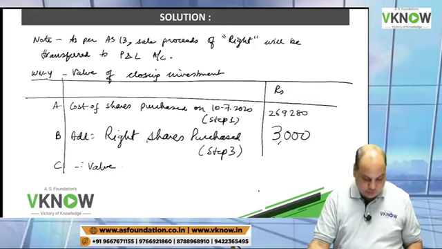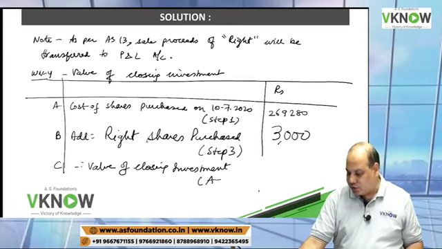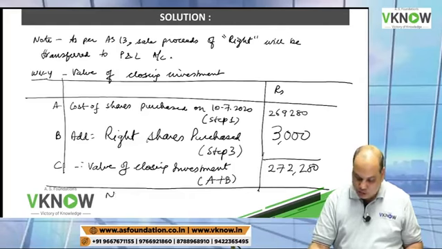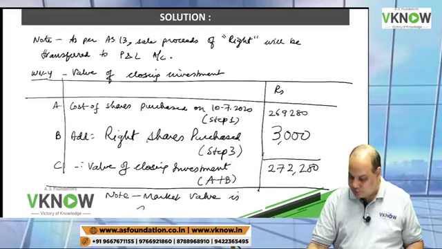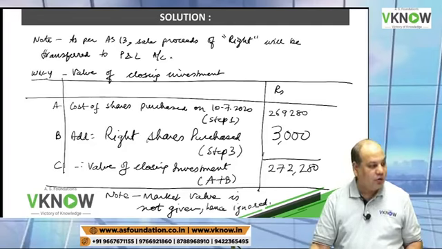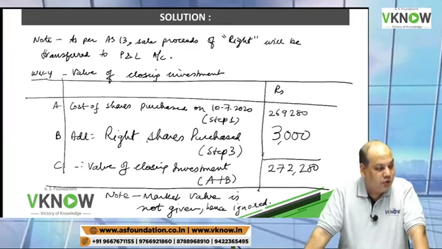Therefore, value of closing investment, A plus B, that is 272,280. Note: market value is not given, hence ignored.